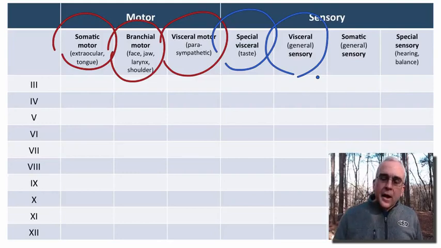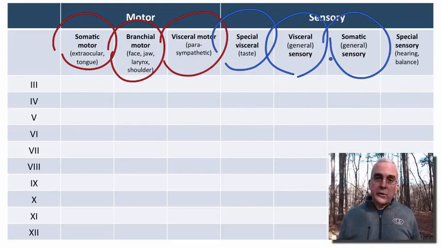Okay, we have next somatic sensation, which would include those structures that are in the peripheral parts of our body, namely our skin surfaces, our muscles, our joints, our tendons. So from these somatic structures are derived sensory signals that feed into the brainstem, specifically from the region of the head and the neck.